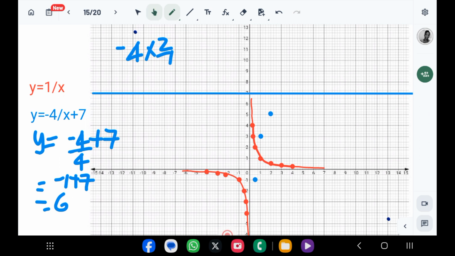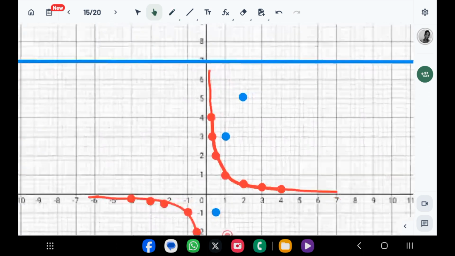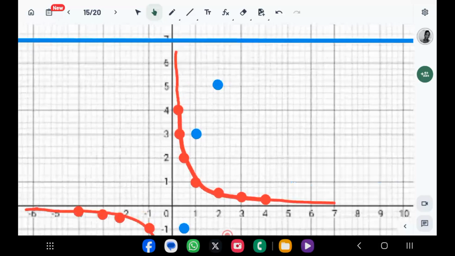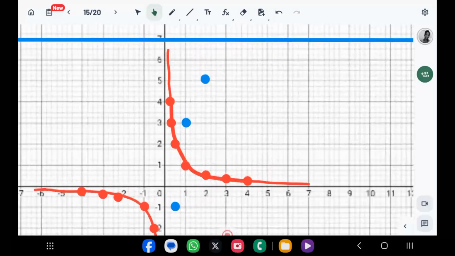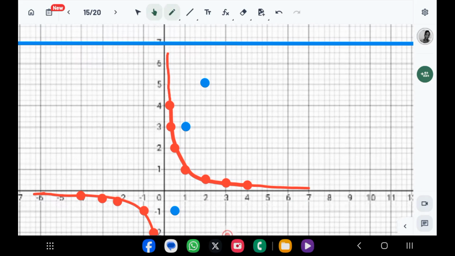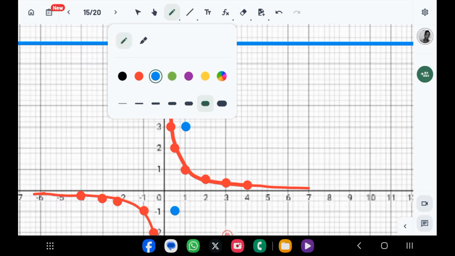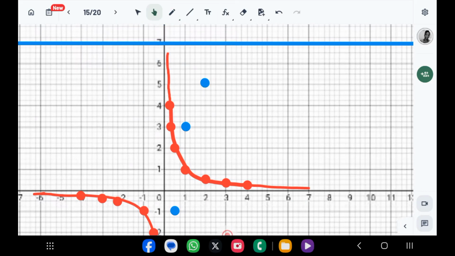When x equals to 4, y equals to 6. There we go. 4 and 6. There. So this is how the graph is going.